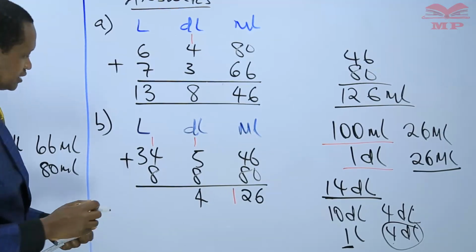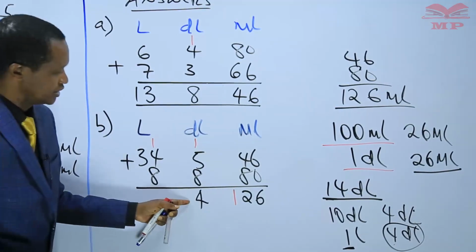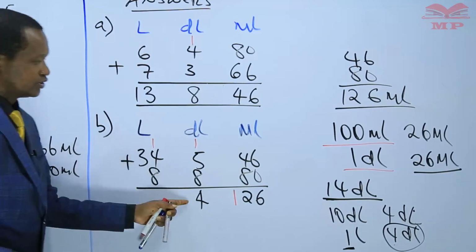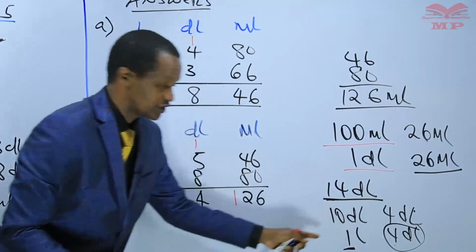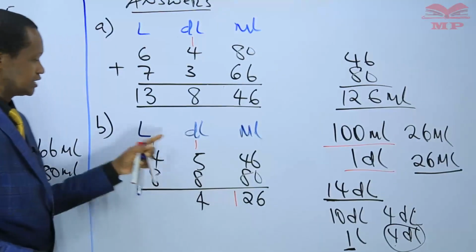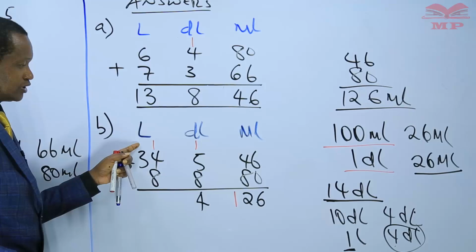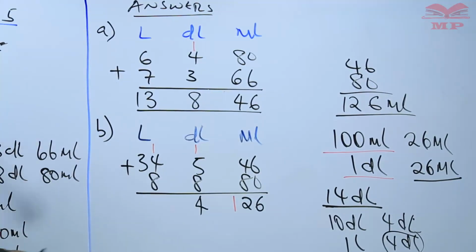Is that clear, learners? You need to understand that we are carrying liters and not deciliters. The 10 deciliters we first convert to liters, then we carry the 1 liter and add it to the column for the liters, then we can go ahead and add.